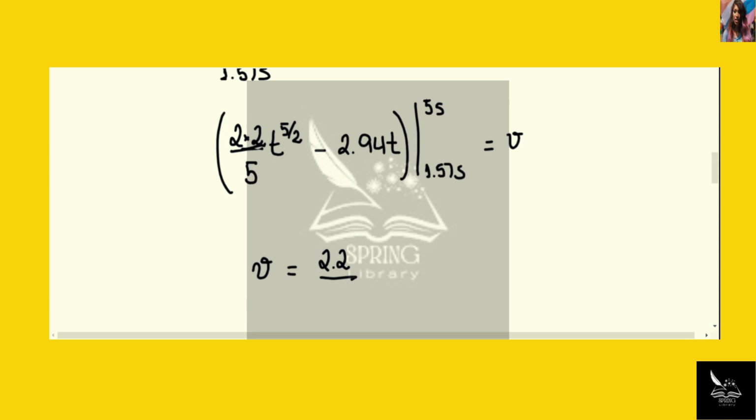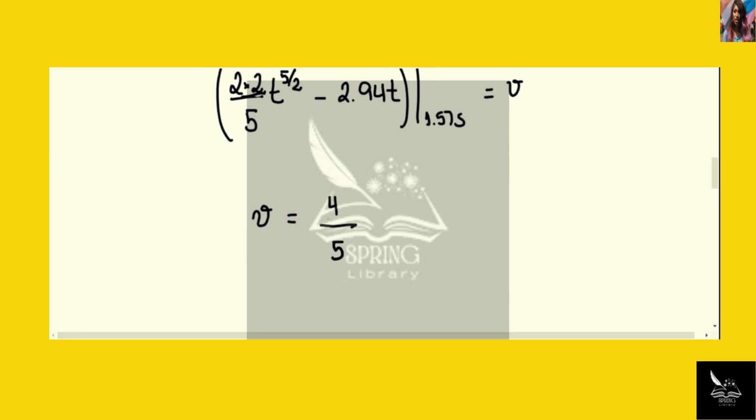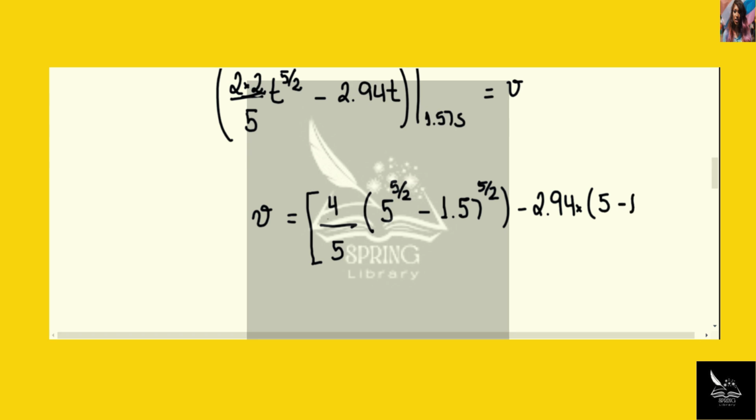Here, it should be 2 times 2, or 4/5, times the final t, which is 5 to the 5/2, minus 1.57 to the 5/2, minus 2.94 times 5 minus 1.57.